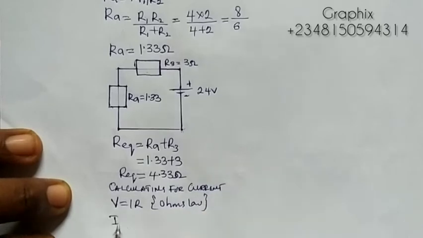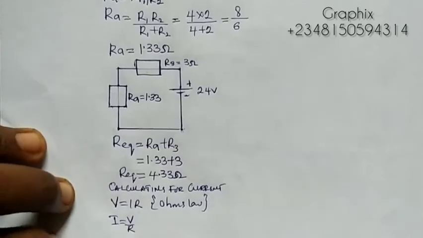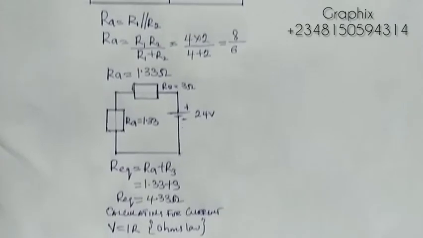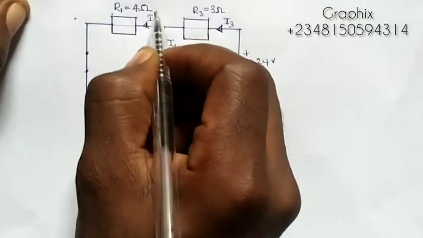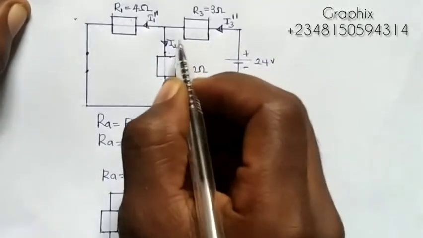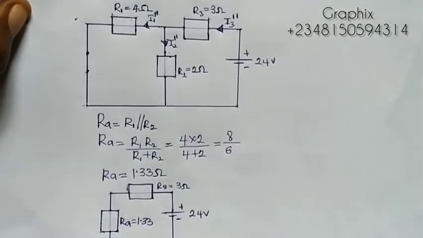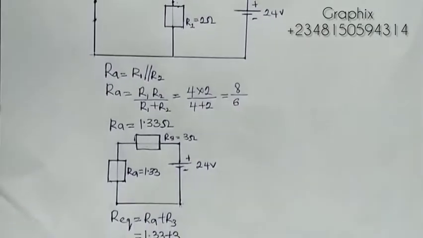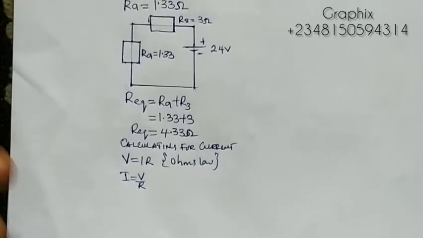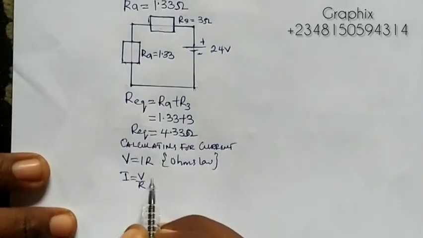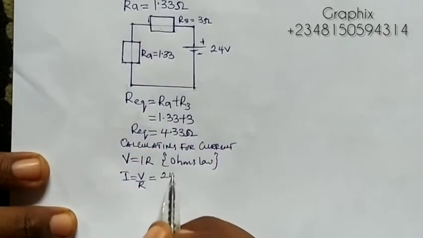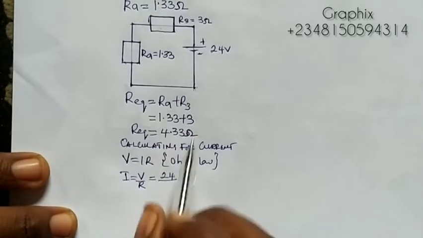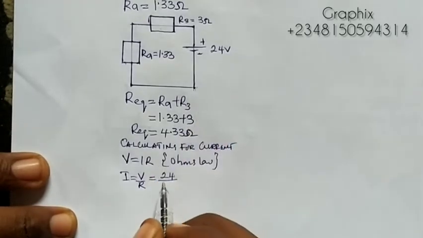So I will now be equal to V over R. Now there's one thing you need to know: how to differentiate the first circuit from the second circuit. The second circuit will now be prime prime. So in this case, this will be the V total, which is 24, all over the R equivalent, which is 24 over 4.33.